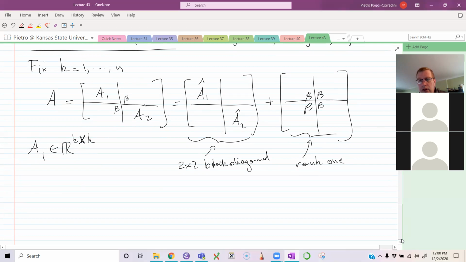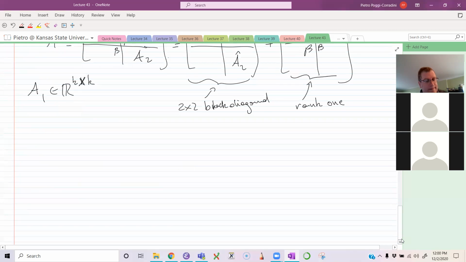Okay, so with that, let's pick K to be roughly n over 2, to have blocks of the same size.